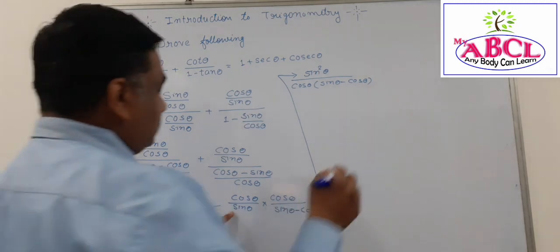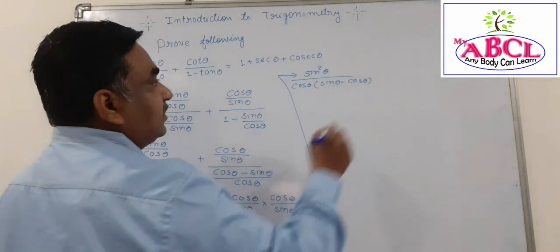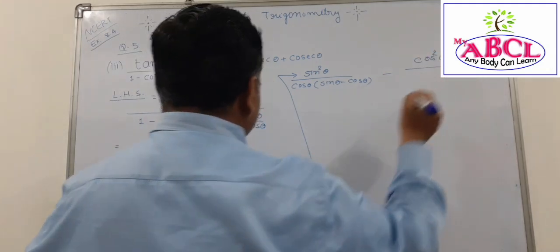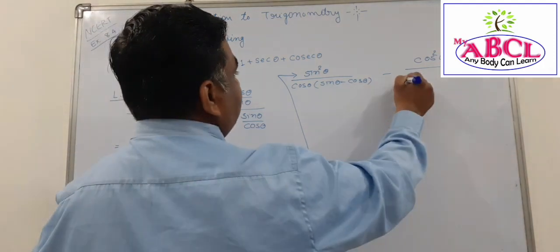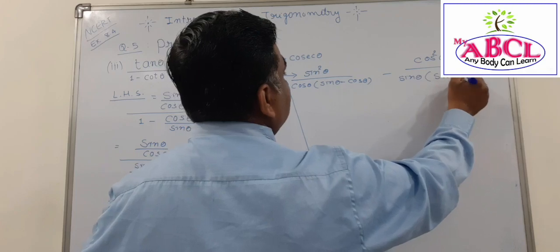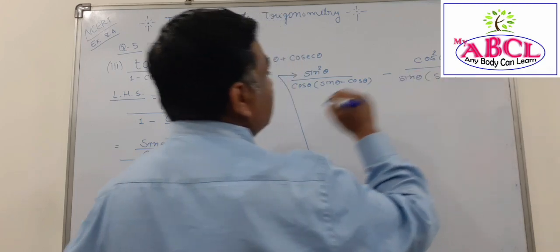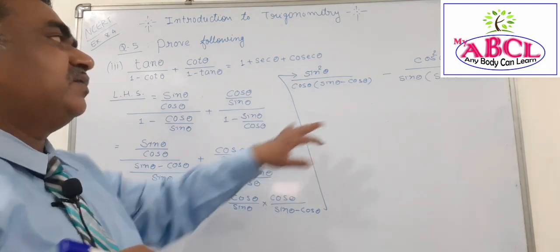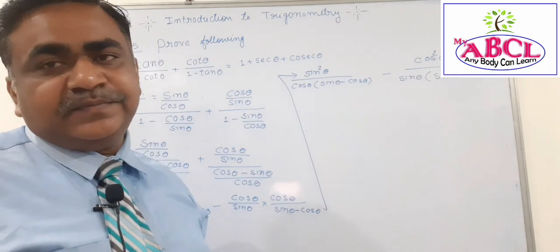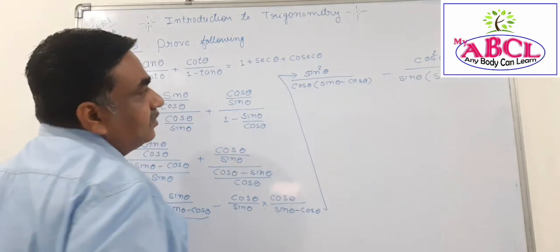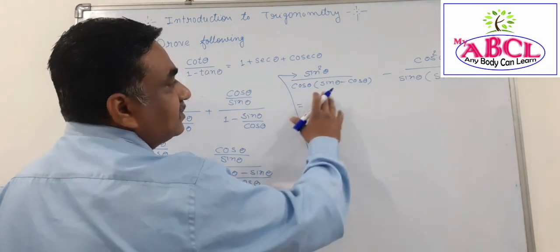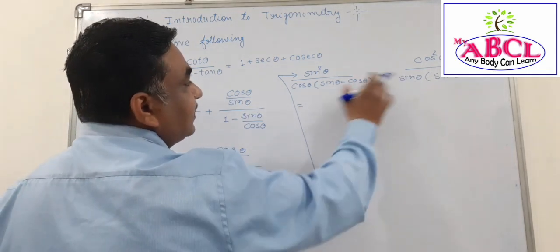Minus cos theta into cos theta will be cos square theta, in the denominator sin theta into bracket sin theta minus cos theta. We changed the sign over here because we want to take the LCM as sin theta minus cos theta and sin theta cos theta, so it would be easier for nullification. Let's take the LCM as sin theta minus cos theta into sin theta and cos theta.